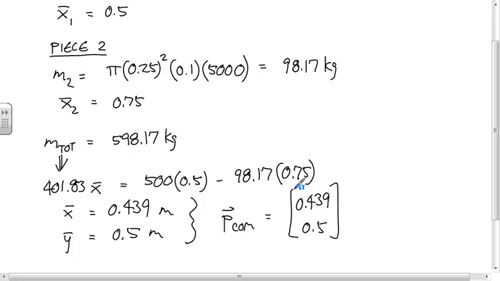Okay, I want to show one more thing, and then we'll take a break. So this is something that's going to come up a lot. Notice, the position of the center of mass doesn't come into Newton's second law.